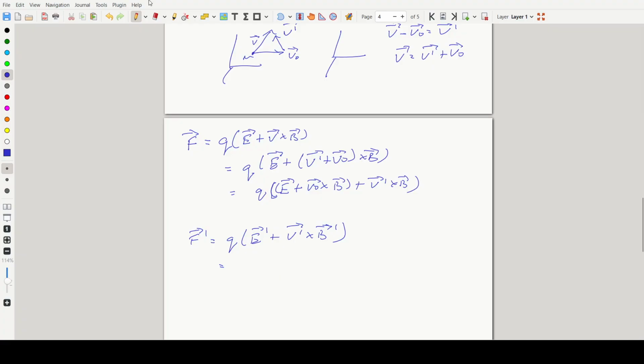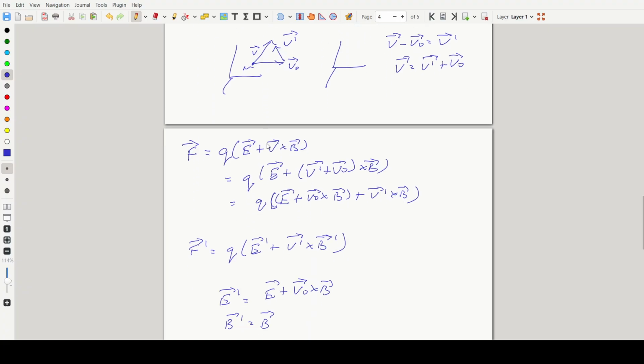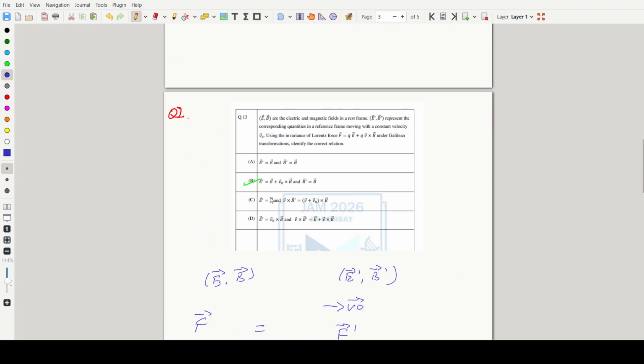If you compare these two equations, you notice that E prime can be written as E plus v naught cross B, and B prime is just B. So this corresponds to option B.